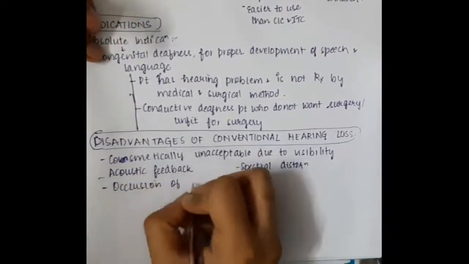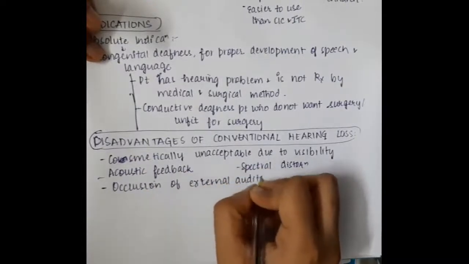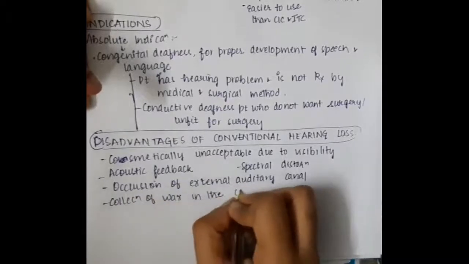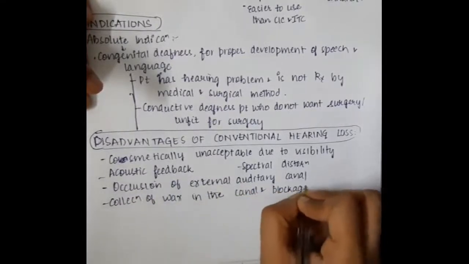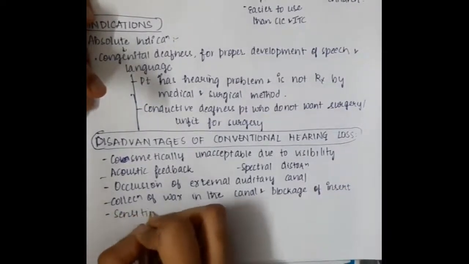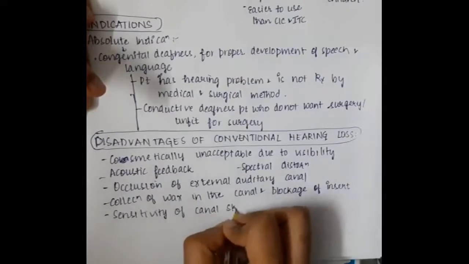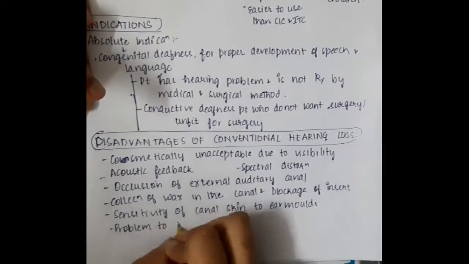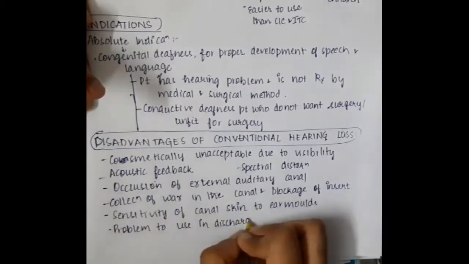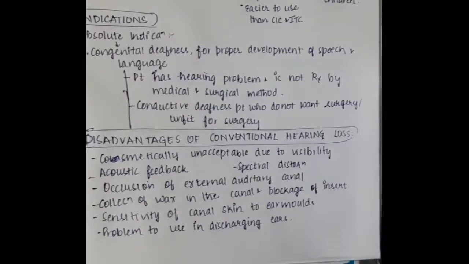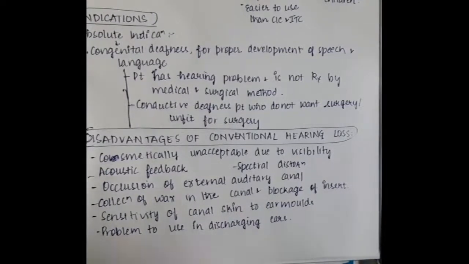They also show occlusion of the external auditory canal. They cause collection of wax in the canal and also cause blockage of the insert. They are very sensitive to ear canal skin and they have problems in use, especially in a discharging ear. So all these are the disadvantages of conventional hearing aids.